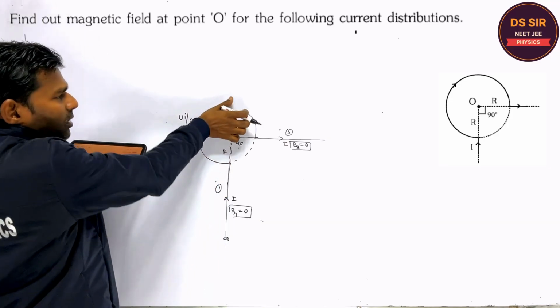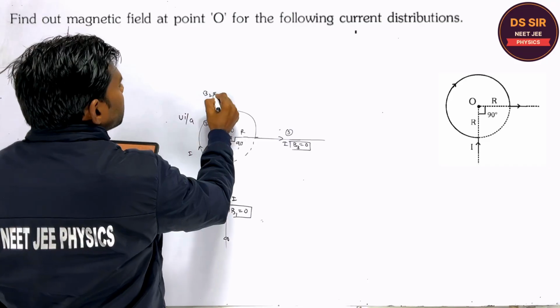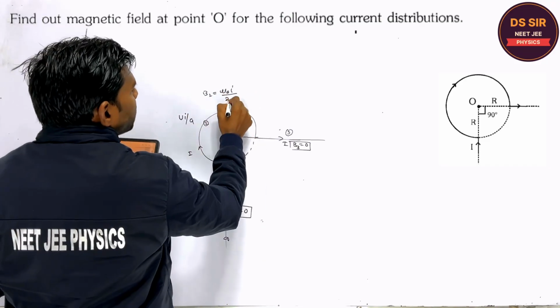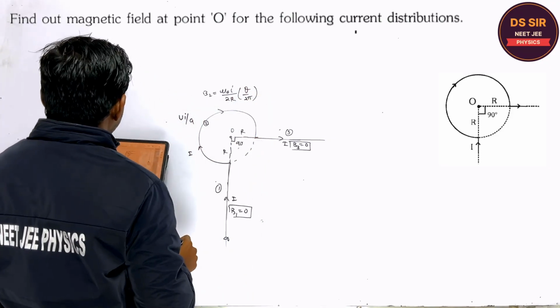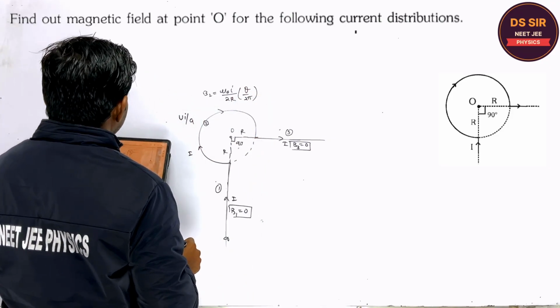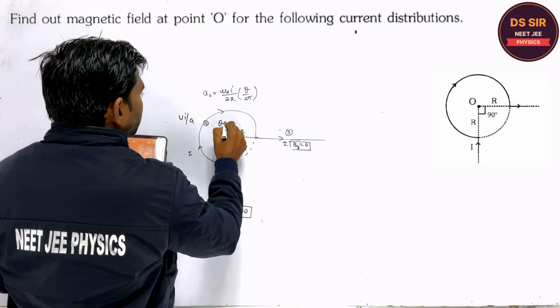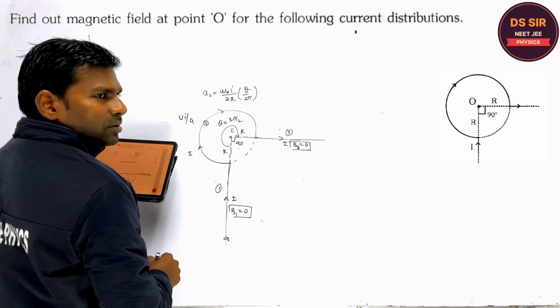This is the magnetic field into the board. And B2 is nothing but mu naught I upon 2r, due to the complete circle, times theta upon 2 pi. This theta is equal to 3 pi by 2. Are you getting or not? Yes, sir.